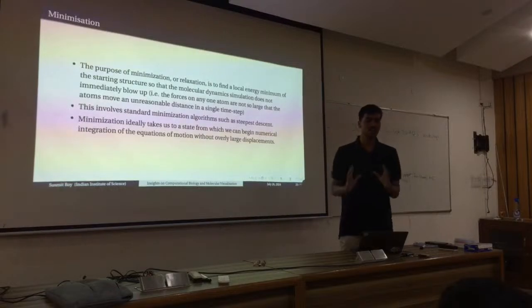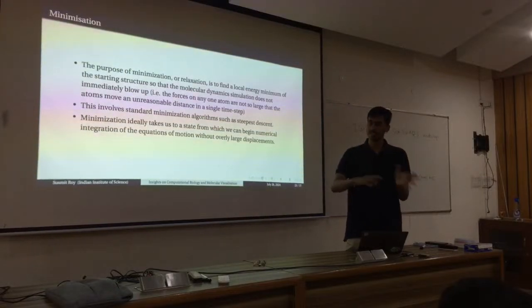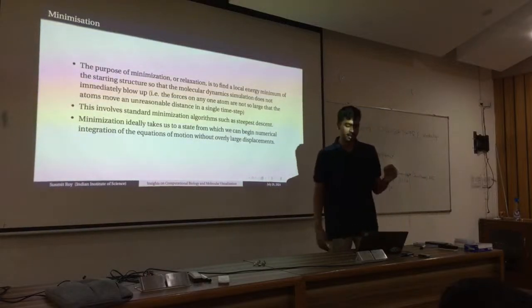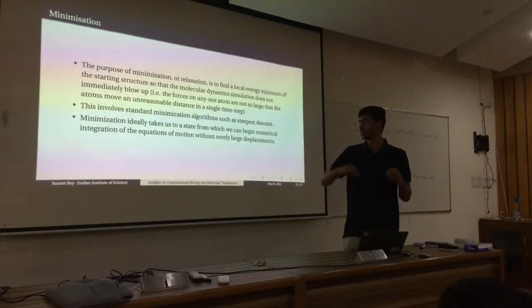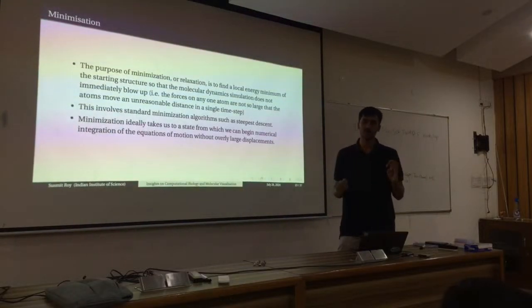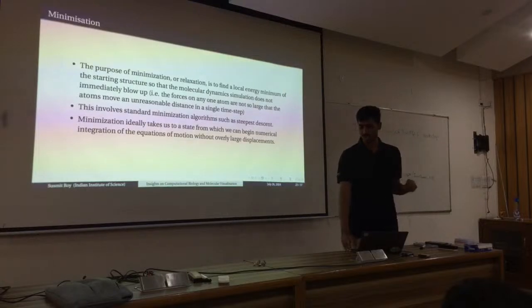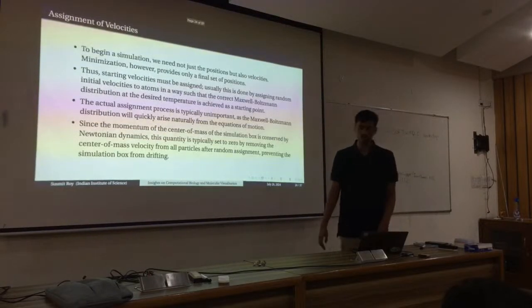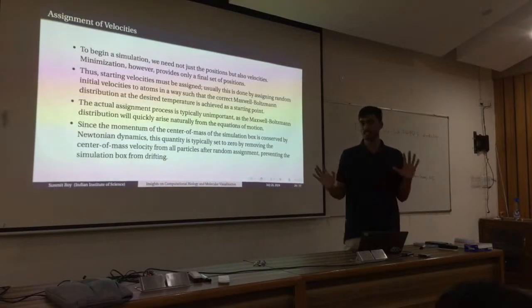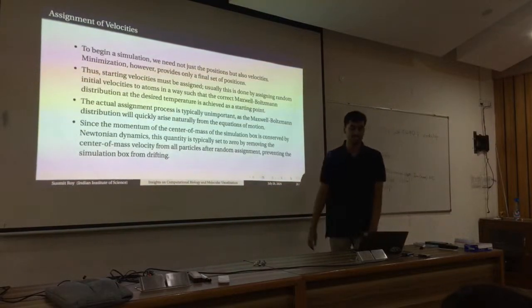So we find a local energy minimum near the prepared system, and by this process you will assign a state which can be the start of the simulation. Minimization just gives the positions of all the particles present in the simulation.